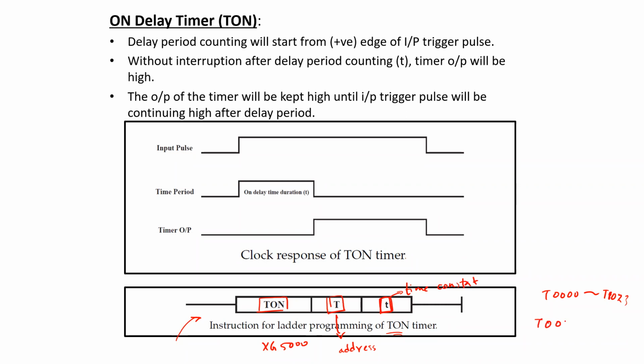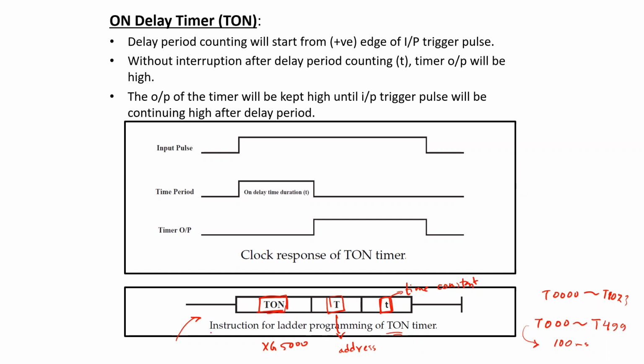If someone uses an address of the timer from T000 to T499, then they have to keep in mind that the resolution of these timers is 100 millisecond, and the time constant has to be set according to this particular resolution. Now the notation for all the different types of timers is the same, just in case of this first information, the timer type has to be changed in the notation of each different type of timer.